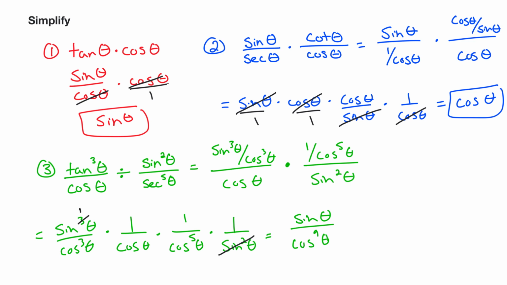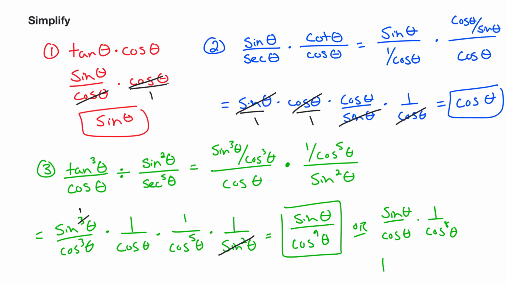I am okay with this as an answer, but I would like you all to also realize that that is the same thing as sine of theta over cosine of theta times 1 over cosine to the 8th of theta, which is equal to tangent of theta times the secant to the 8th power of theta.